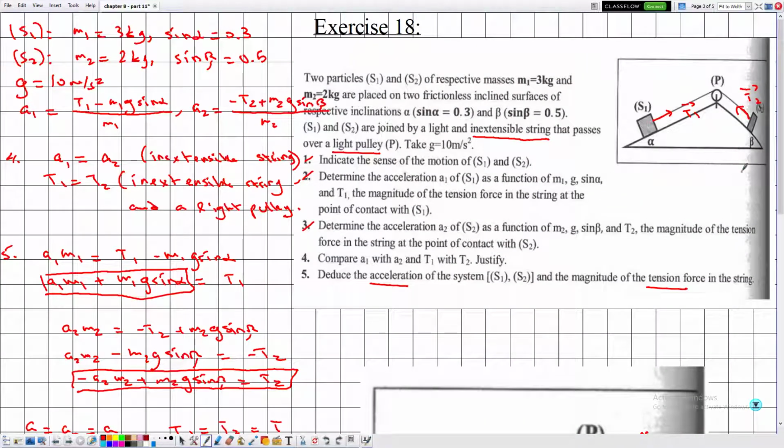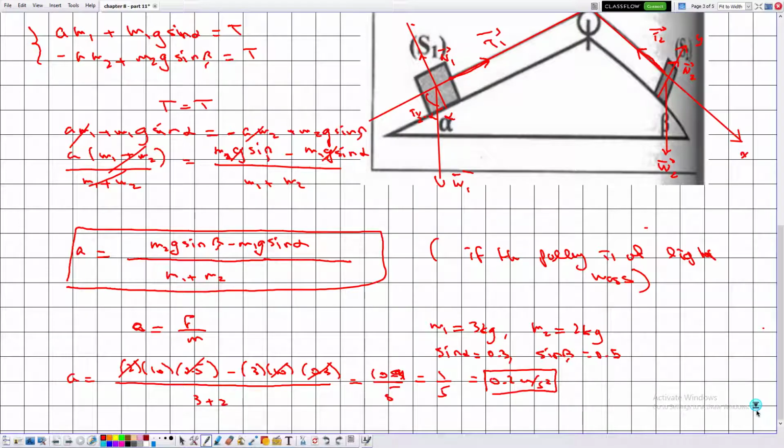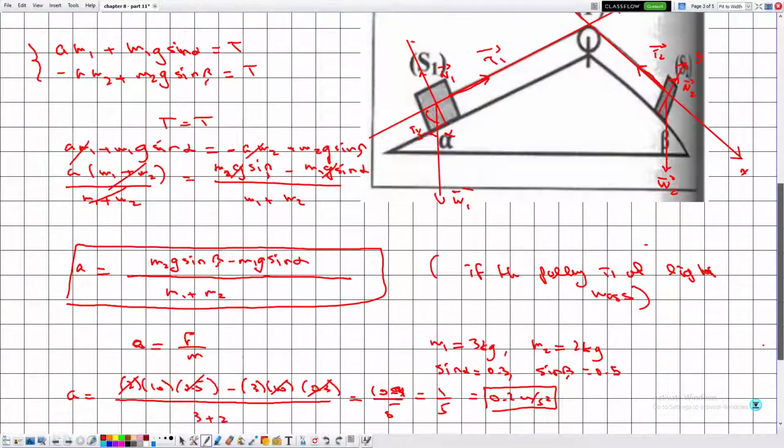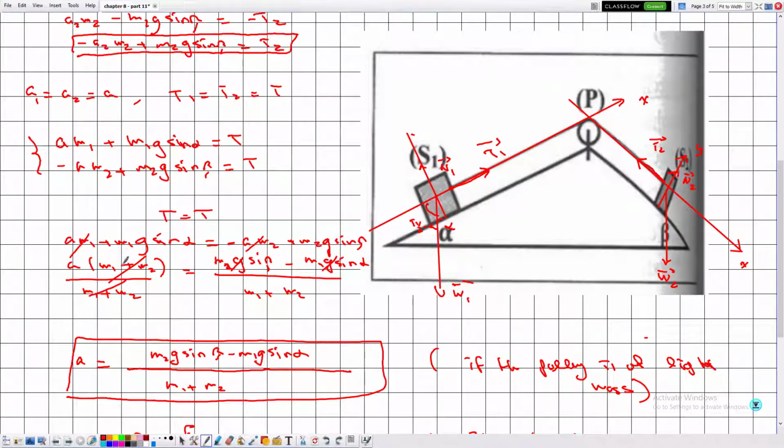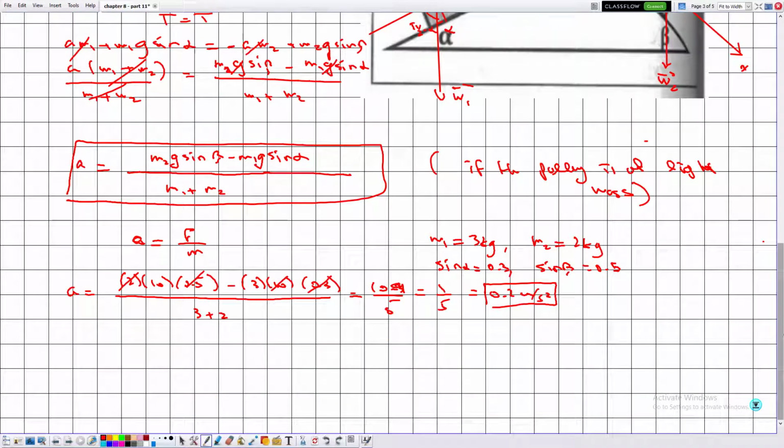Moreover, they are telling us to determine the tension force in the string. One can determine the tension either using this equation or this equation. The answer will be the same because we have solved them by equating them. So let's refer to T is equal to A m1 plus m1 g sine alpha.